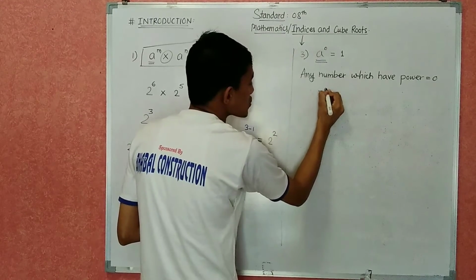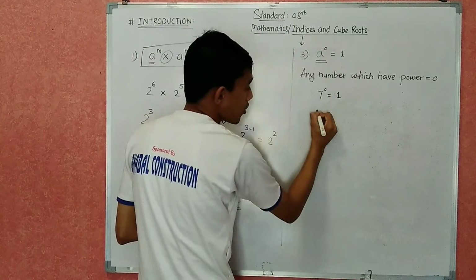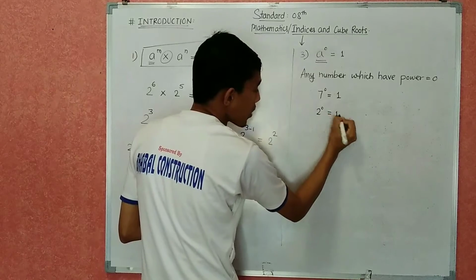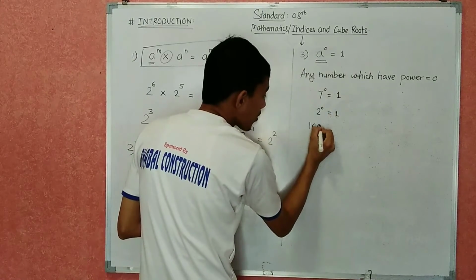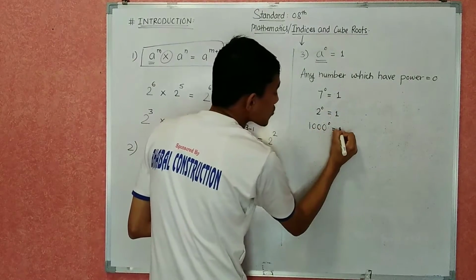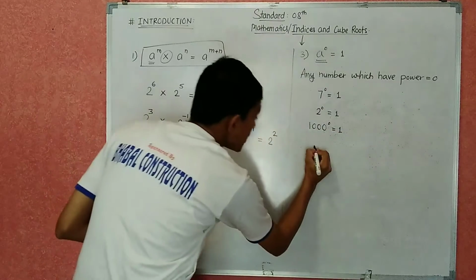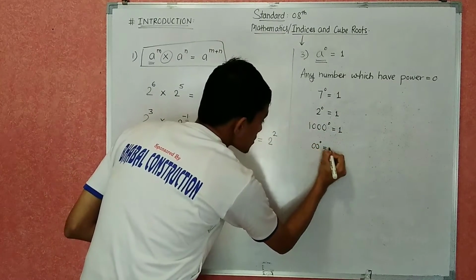So 7 raised to 0, the answer will be 1. 2 raised to 0, the answer will be 1. 1000 raised to 0, the answer is going to be 1. Even infinity raised to 0, the answer is going to be 1.